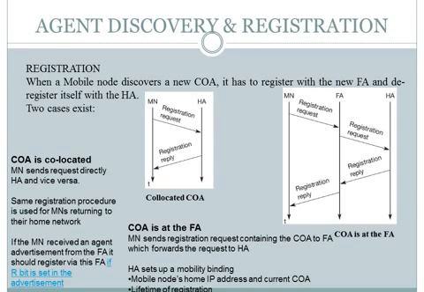Then the communication is set up between the home agent and the foreign agent. Only then does the communication start between the mobile node and the foreign agent. If any of these steps fails, then obviously there will be no communication between the home agent and the foreign agent. Okay. In case of co-located COA, you can see there it is not required.